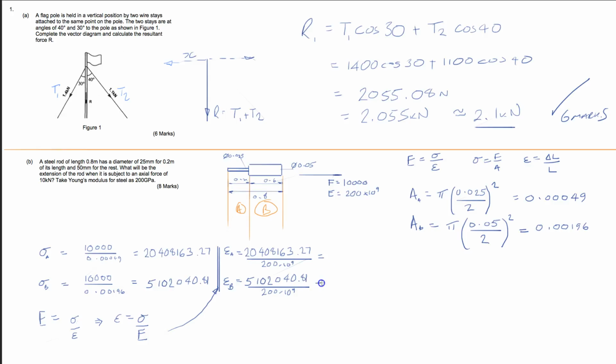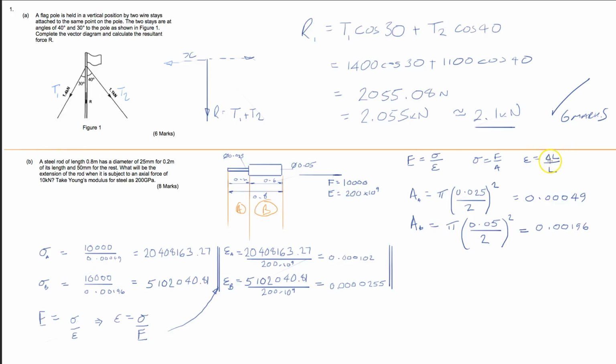That's going to equal, there we go, calculated two strain values which are unitless. Strain is roughly just the amount that it's extended, isn't it? So it looks like this has extended less than A, which makes sense because it was thicker, so it was going to stretch less.